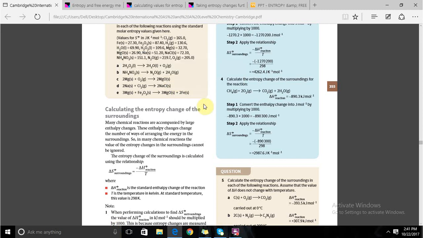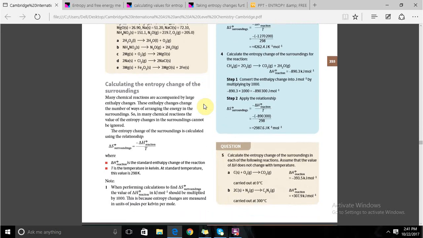So when we are performing calculations for the delta S naught of the surroundings, we have to multiply the value of the enthalpy change by 1000. The reason being that the usual unit we use is kilojoules per mole, and we have to convert it into joules per mole because the entropy change is in joules per Kelvin per mole.